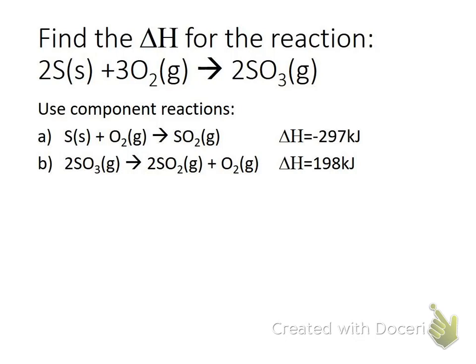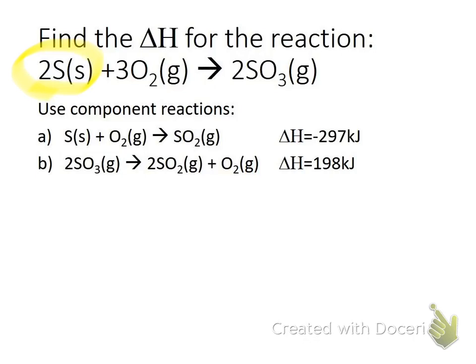So at this point, I'm going to get my highlighter out just to show you how to think about these types of reactions. And I'm going to try to show you where the pieces are coming from. So if I'm looking for this S, do you see the S located anywhere in the component reactions?